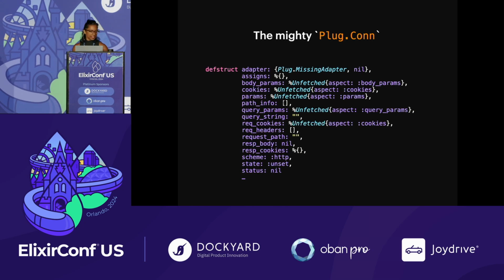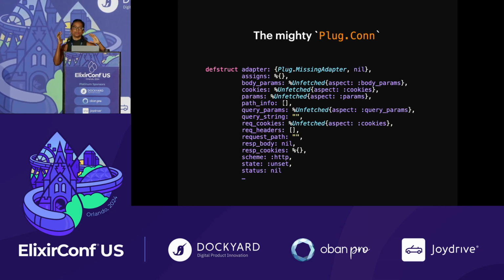The nice thing that ties all of these together is plug.con. Whether it's adding a header with a function plug or a module plug, they all implement this thing called con. Something to remember about con is that it's a uniform way in which you can deal with a connection.